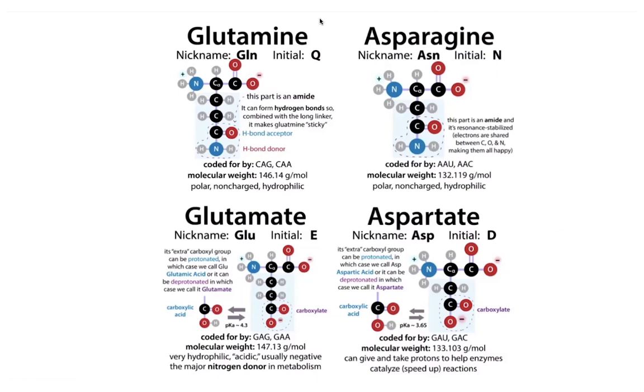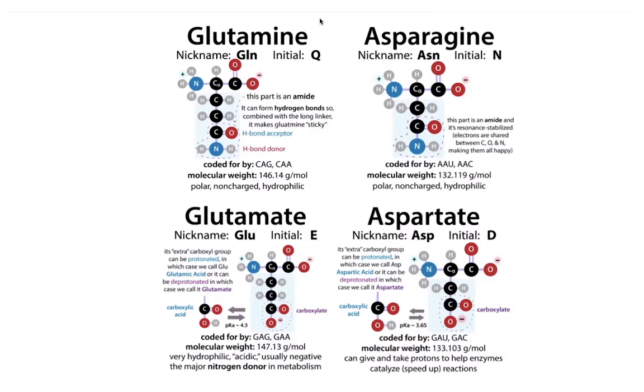And remember that these are just the carboxylic acid versions of glutamine and asparagine, or you can think of asparagine and glutamine as being the amide versions of aspartate and glutamate. Basically, they have the same kind of structure and the same number of carbons, but you're going to have an amide group at the end of asparagine versus a carboxylic acid group at the end of aspartate.